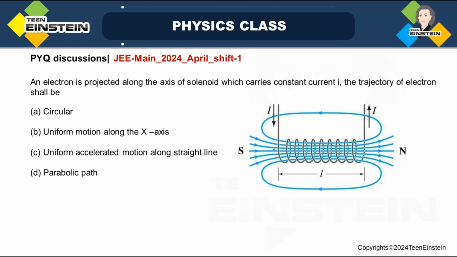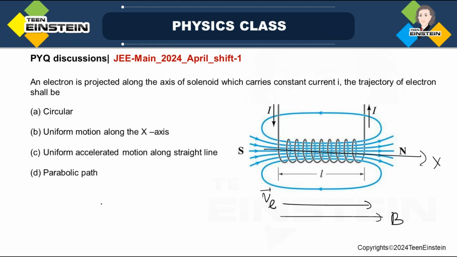Suppose the axis of the solenoid is the x-axis, which carries a constant current I. The trajectory of the electron shall be? An electron is projected along the axis, which means the electron will have its velocity along the direction of the magnetic field itself. The magnetic field direction is along the axis.